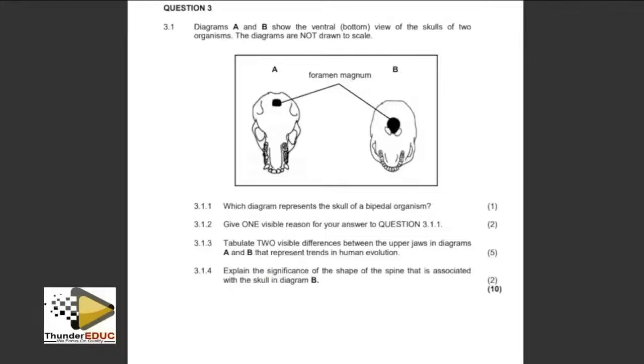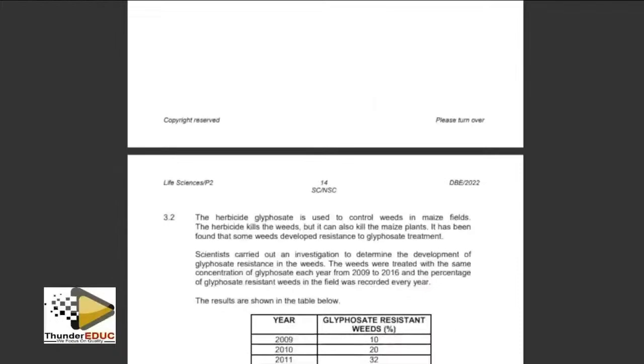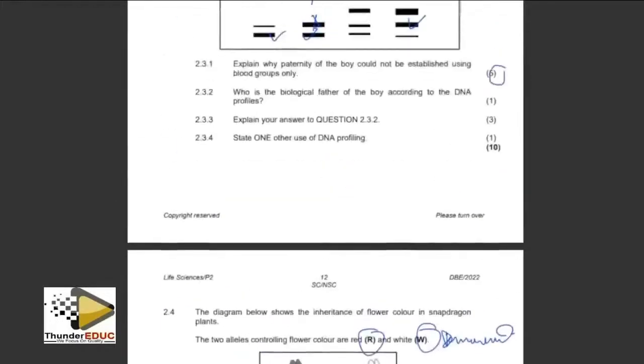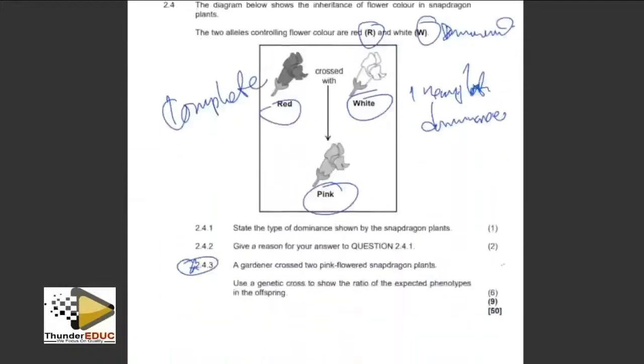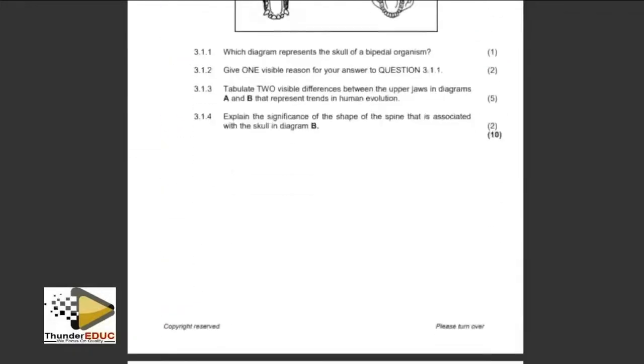But now, what are the factors which contribute to bipedalism? There are three. Number one is shape. You look at the shape of the spine. And then you look at the pelvis.